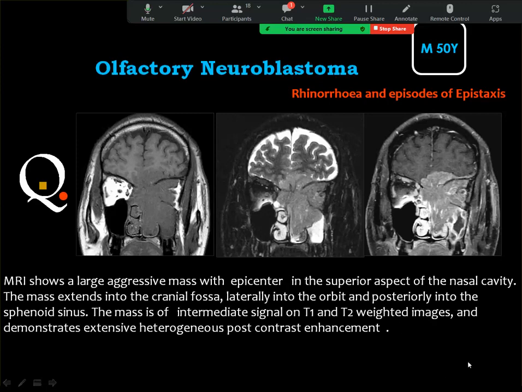This is olfactory neuroblastoma. The differential diagnosis should include skull-base lymphoma, skull-base metastasis, paranasal sinus squamous cell carcinoma, and the olfactory neuroblastoma.